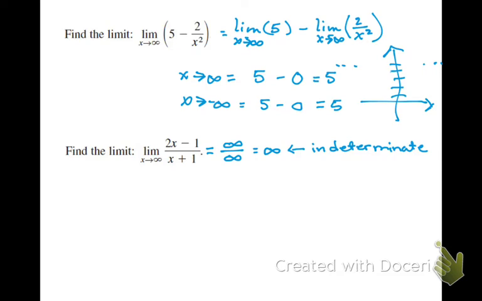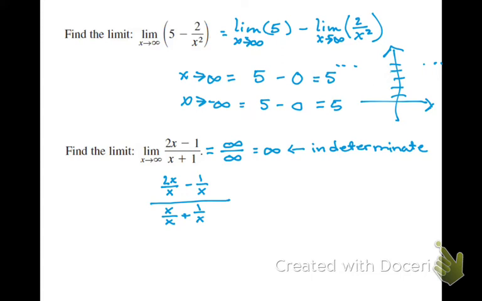So what is the only degree? 1. But we have to divide everything. You understand? So we get 2x divided by x minus 1 over x, all over x plus 1 over x. Because you divide everything. Yeah, everything.